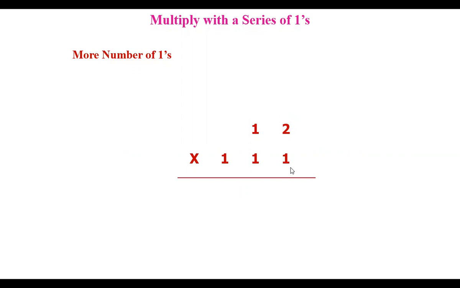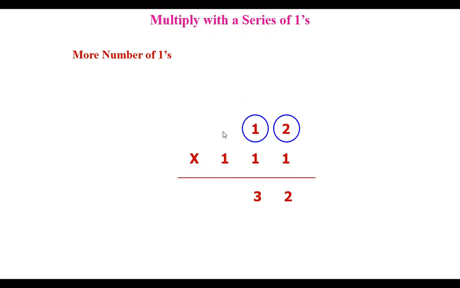Now, let us start with the right side number. 2, put 2 here in the units place. Next, 1 number is over, 2 numbers, 2 plus 1, 3. So put 3 here. Next, we don't have any number here, but we have 3 digits here. But even then, we don't have a choice left.